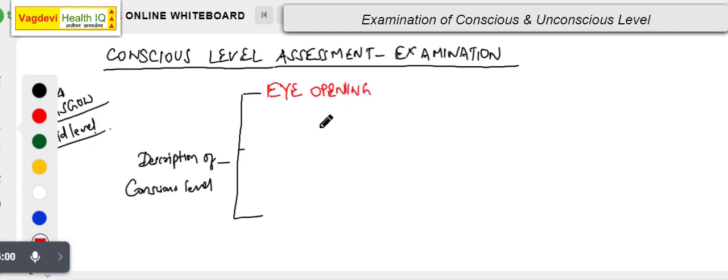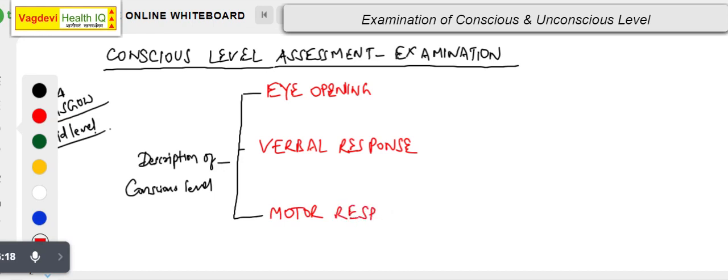Obviously all three are very important, but first is eye opening, second is verbal response, and third is motor response. These three components they brought into the picture first. Obviously later they divided them into certain other components that we will see later. So keep these three components in mind: eye opening, verbal response, motor response. Will you be able to remember?